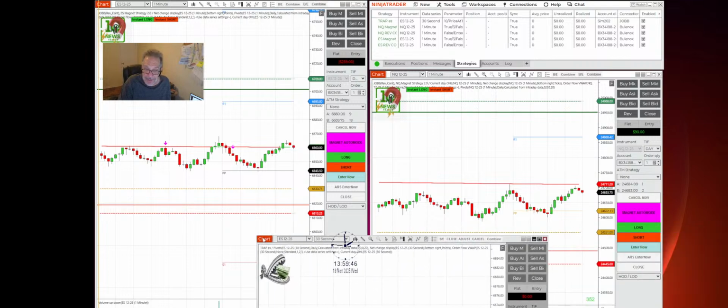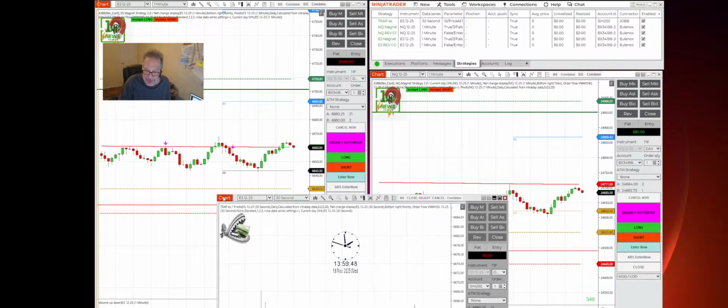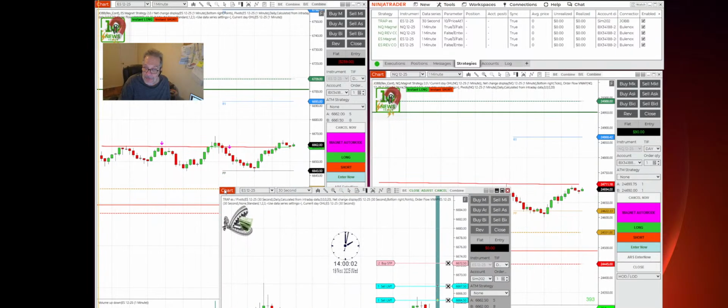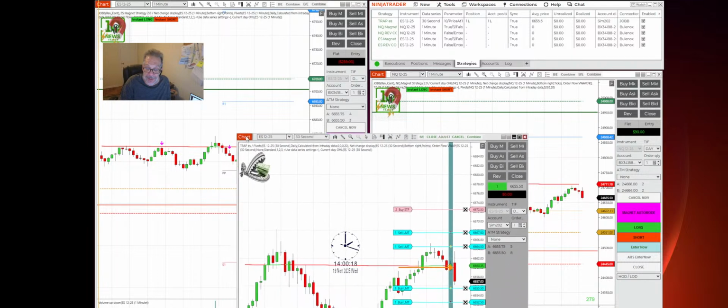So we've got about a minute. I don't think we'll get an explosion in price. I don't think that's the kind of move we're going to get. Okay, we can see our orders. I think we're just not going to get any movement. So there's a little bit of movement in the trap.